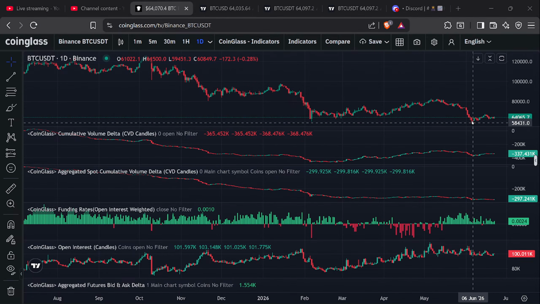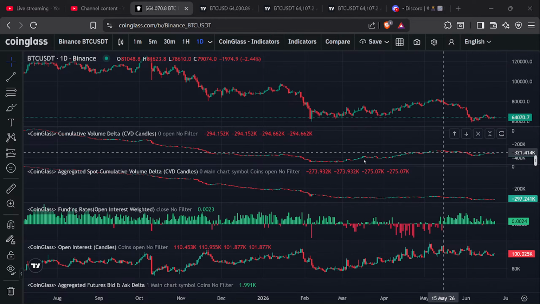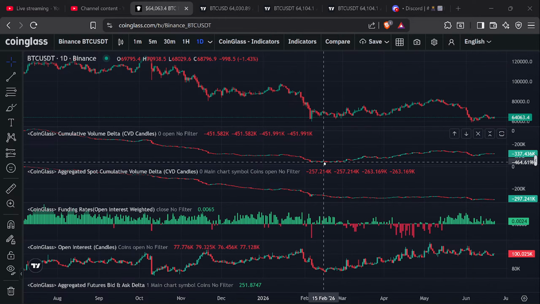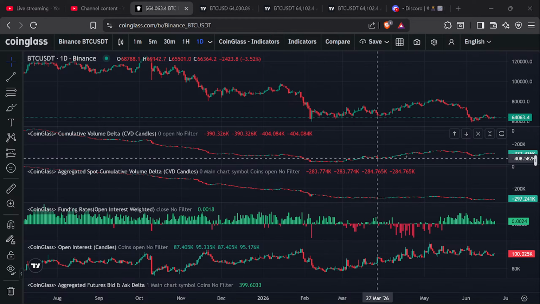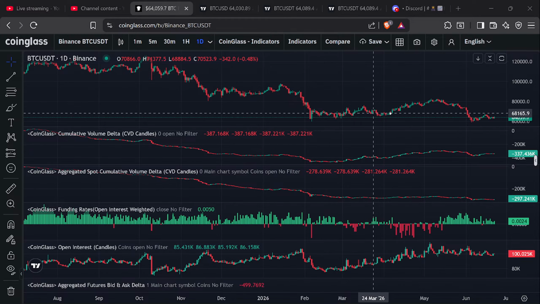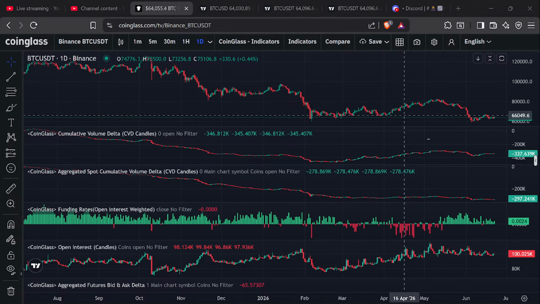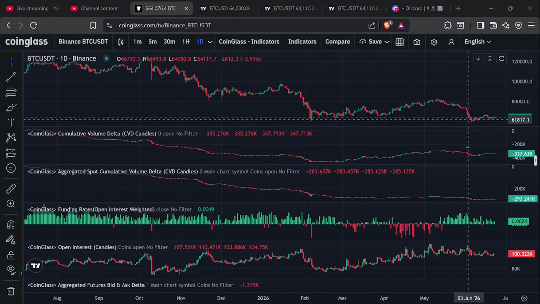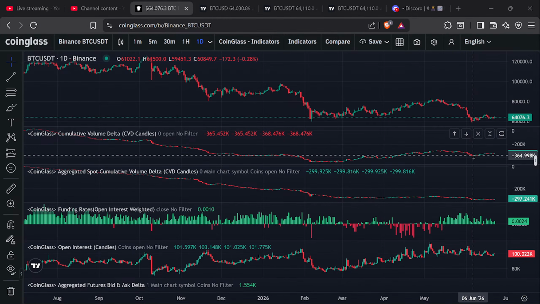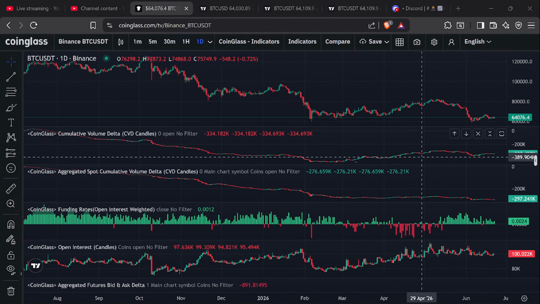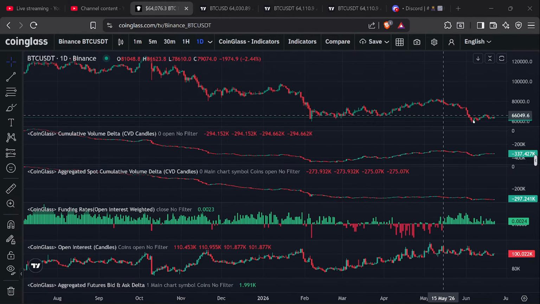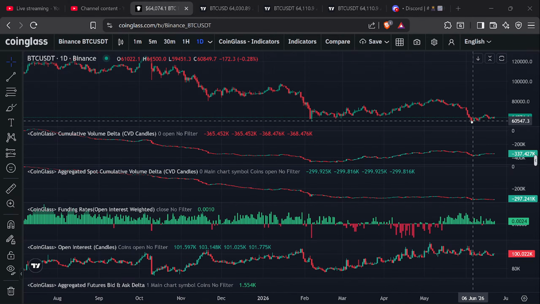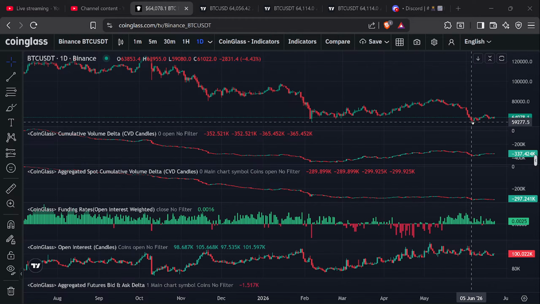Now what that means is that on the futures market, all the sellers trying to sell is getting exhausted here, and the buyers are taking over. Okay, because the CVD is going up and price has dropped to a lower low here. So we do have some divergence.